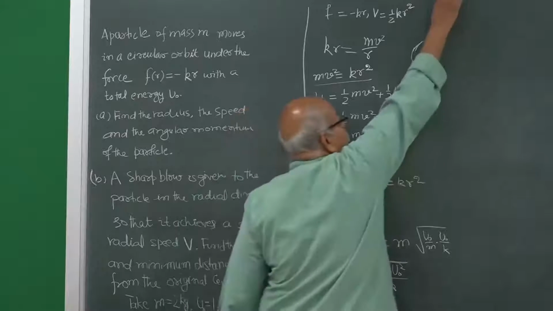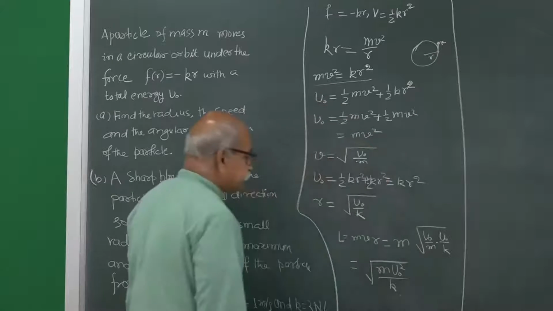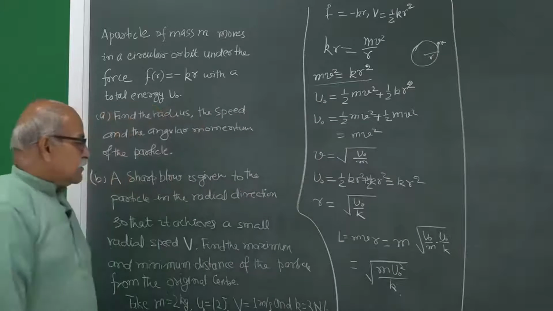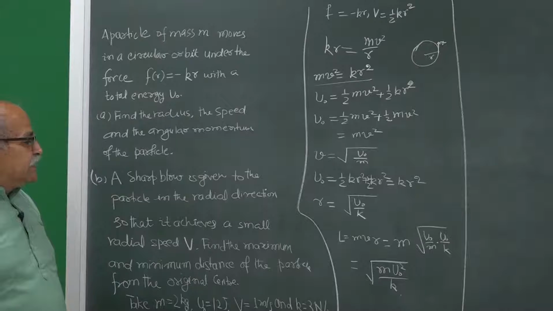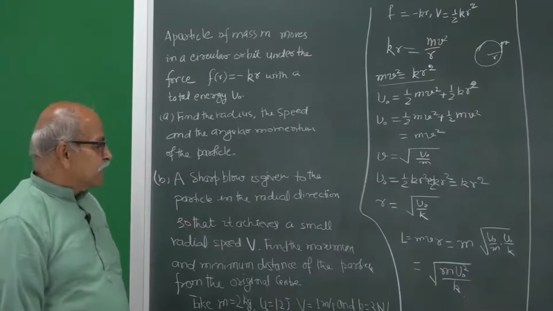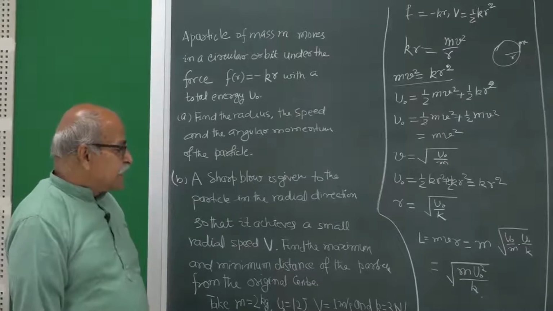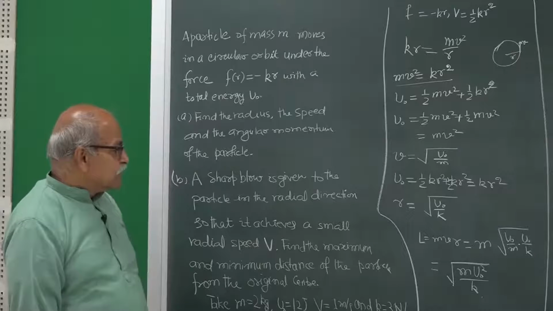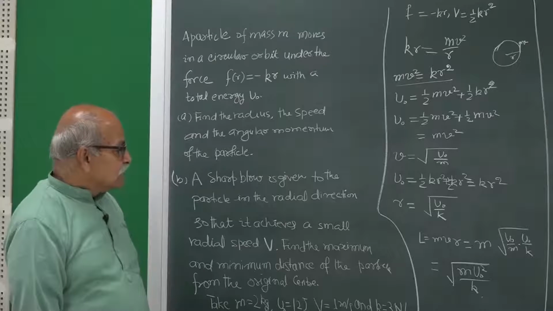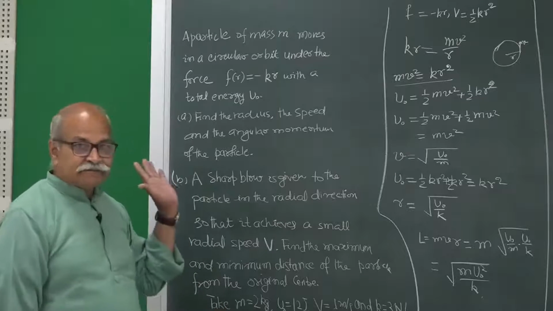So, that is the first part. Mass into speed, where speed is square root of U naught by m and r is square root of U naught by K, and therefore, it is square root of m U naught square divided by K.